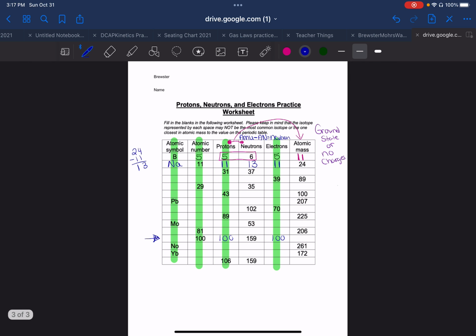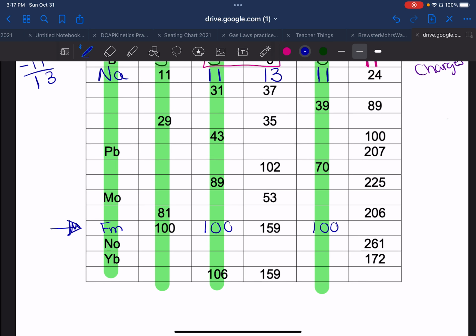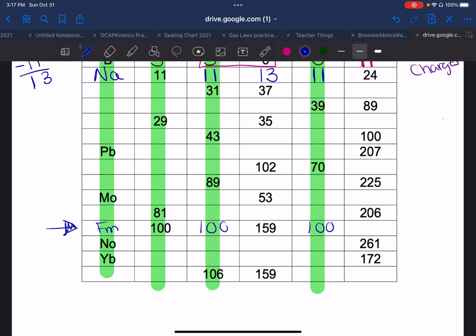So it's Fm. Once I have that, then I'm going to add these two together. So 100 plus 159 equals 259, and that's my atomic mass unit. Go ahead and try the rest of them and see how you do.